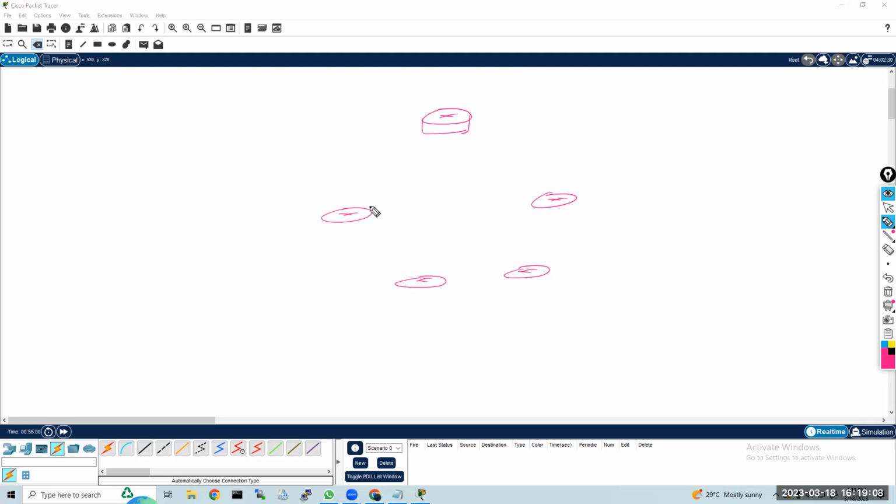This is how I'm going to connect it. For example, this is my A, B router, C, D, and E router. So they all are connected. My handwriting is not good, guys, please understand.